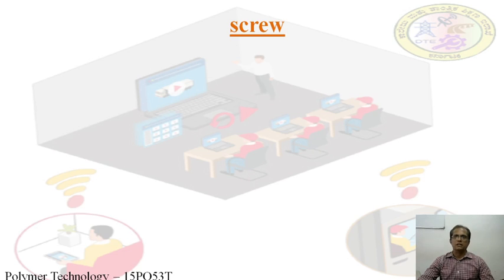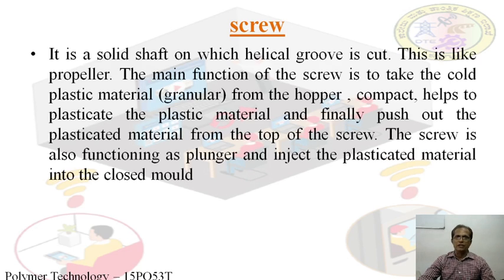Now let me discuss the screw arrangement. What is a screw? In injection molding, the screw is a very important part of the machine. It is a solid shaft on which helical grooves are cut. This is like a propeller.